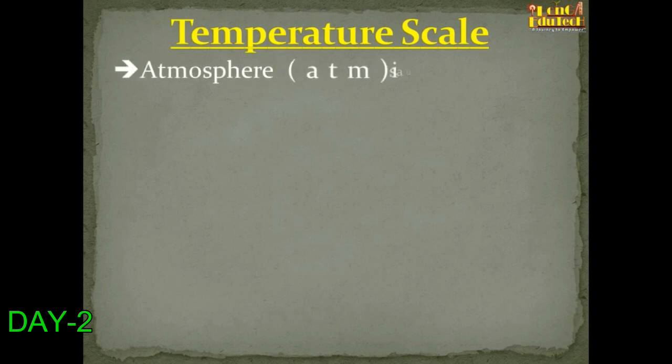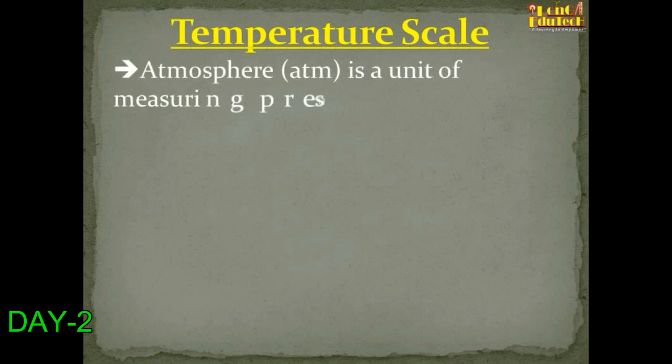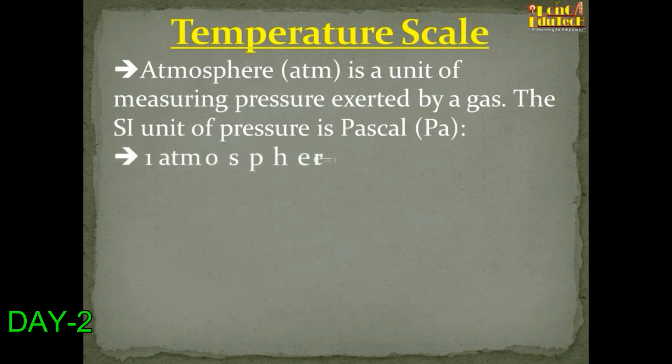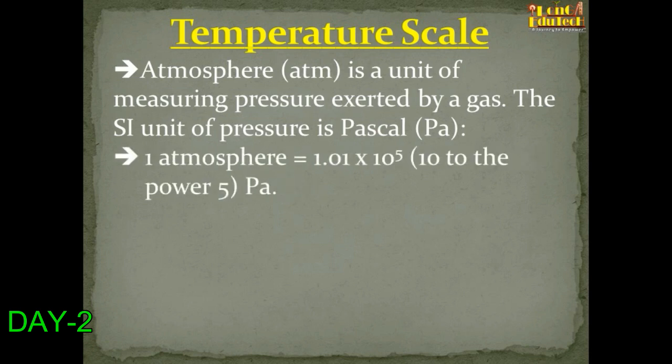Okay, so now let us see another topic here. Atmosphere. Atmosphere, ATM, is a unit of measuring the pressure exerted by a gas. The SI unit of pressure is Pascal. Also, 1 atmosphere is equal to 1.01 times 10 to the power 5 Pascal, Pa.